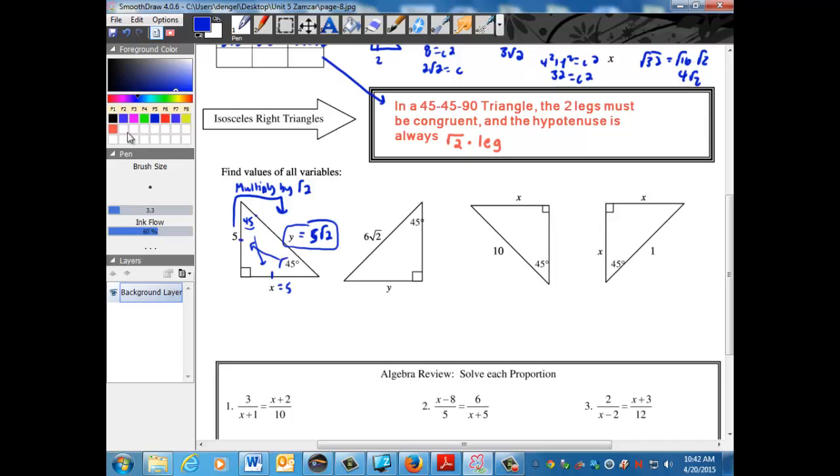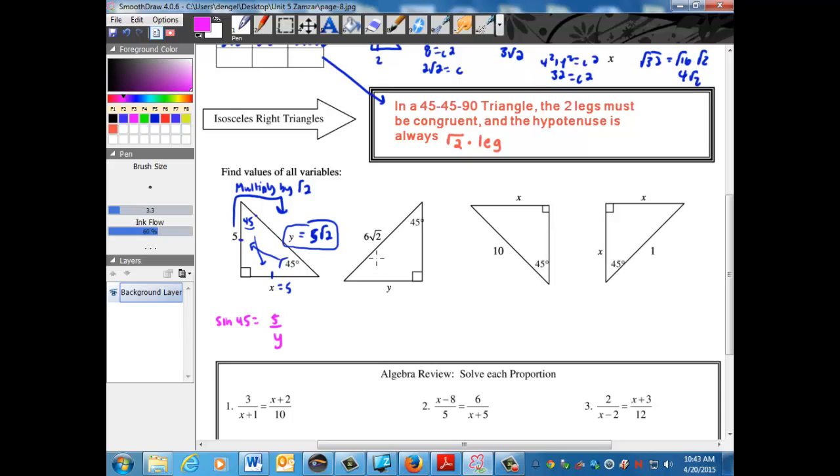Just to show you that it would work, if we were to use trig, for y I would say sine of 45 degrees is equal to 5 over y. Then I could multiply this out, and I would end up getting 5 rad 2 as my answer. But why do all of this work when we can just do one step and we're done?